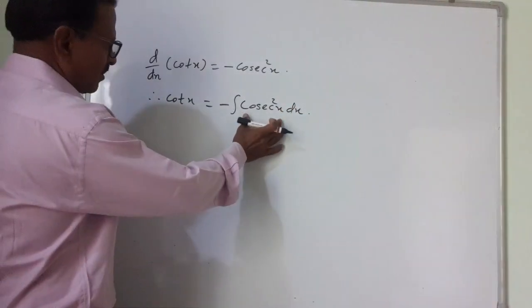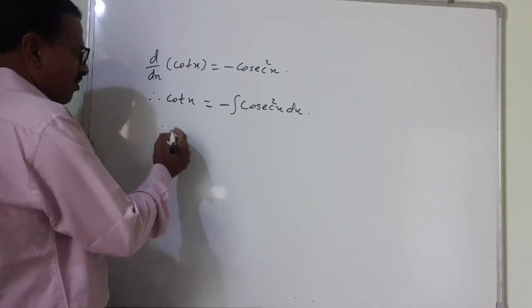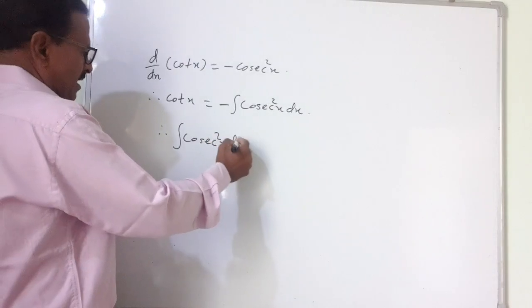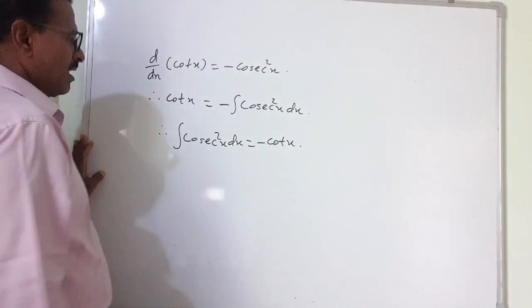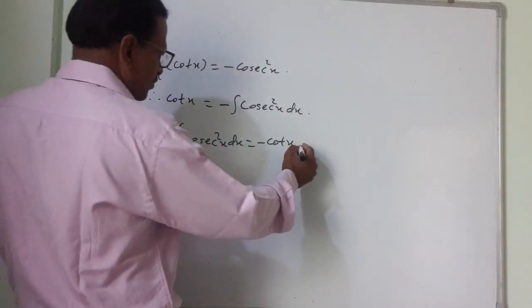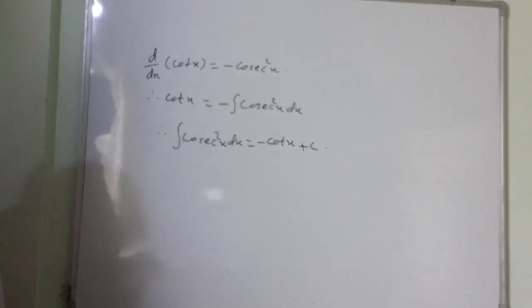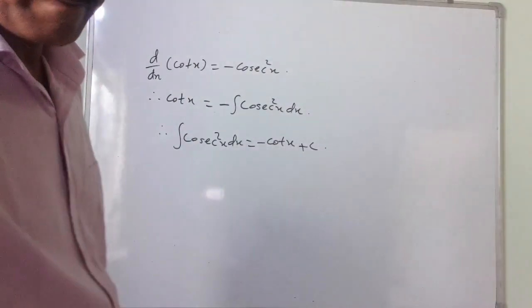I want the integration of this, so this negative sign I will bring here. Therefore, integration of cosec square x dx is equal to minus cot x, and some constant was there, so plus c. This way the formula has come.